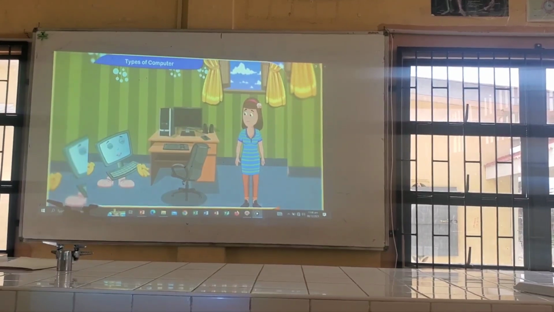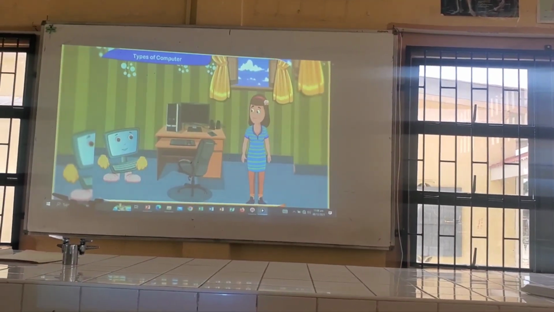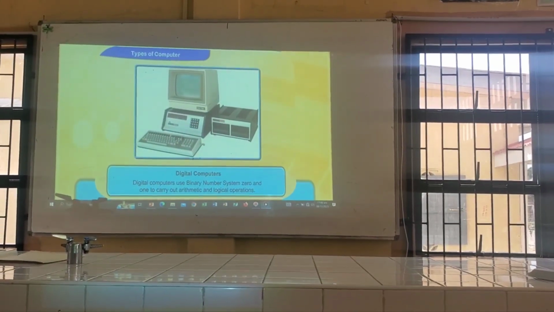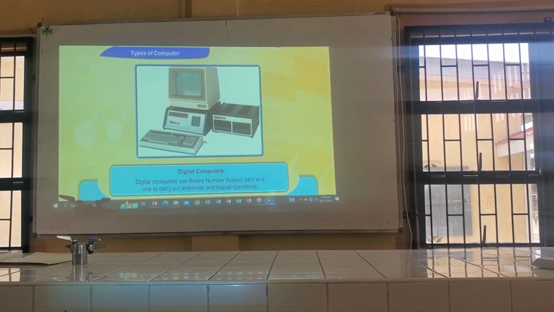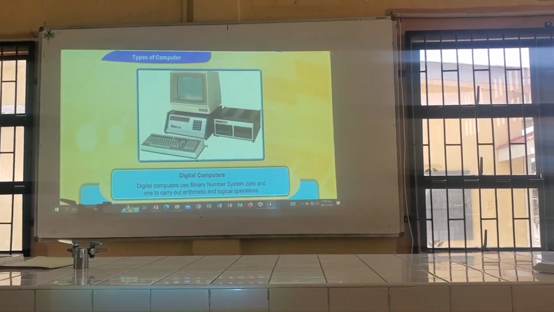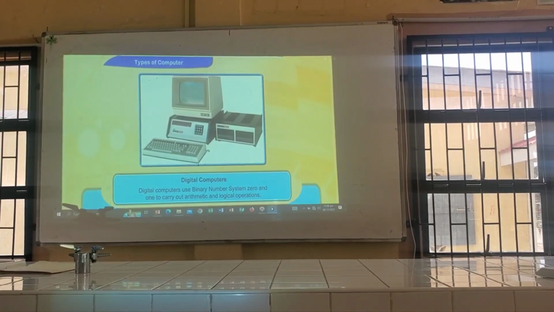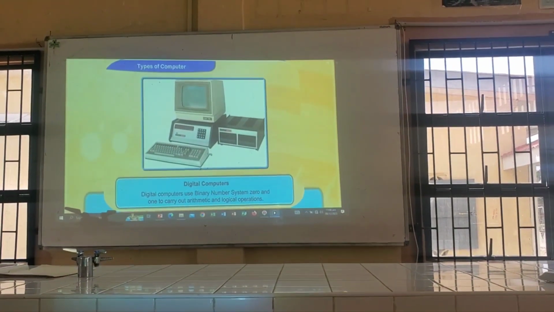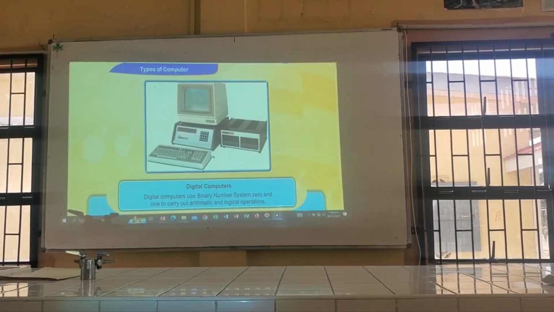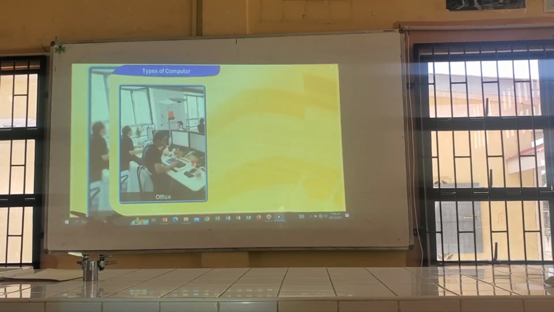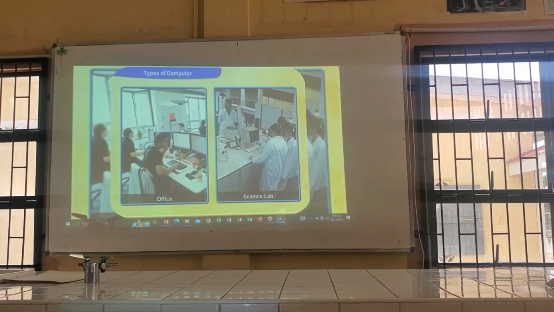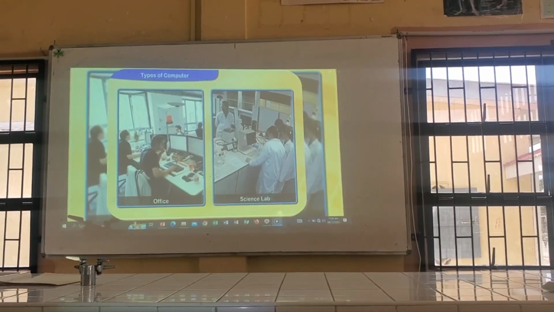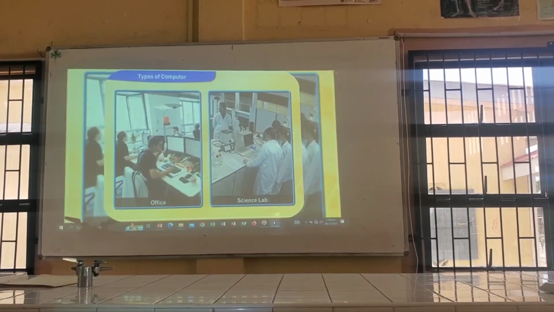Okay, let us first discuss about digital computers. Digital computers use binary number system 0 and 1 to carry out arithmetic and logical operations. These computers are mostly used in offices and science laboratories. Let us now learn what an analog computer is.